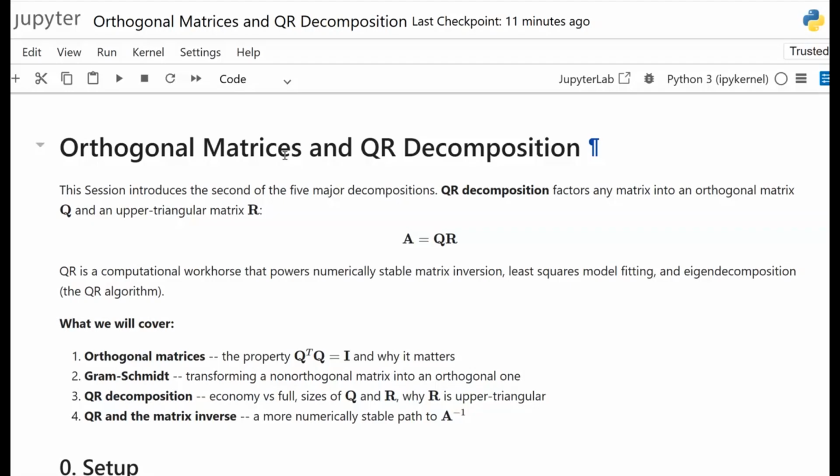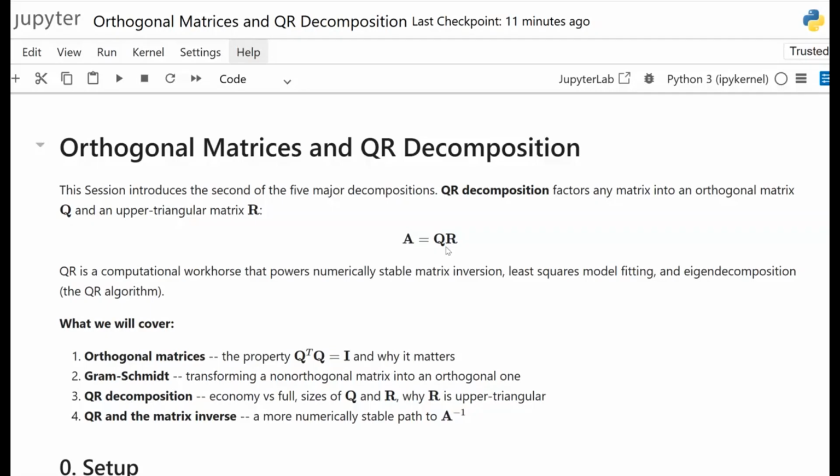So we will discuss why the equation Q transpose Q equals I is one of the most important equations in numerical computing. Then we will move on to the world of QR decomposition, a powerful technique that transforms any matrix into A equals QR, where Q captures pure geometry and R captures the structure.